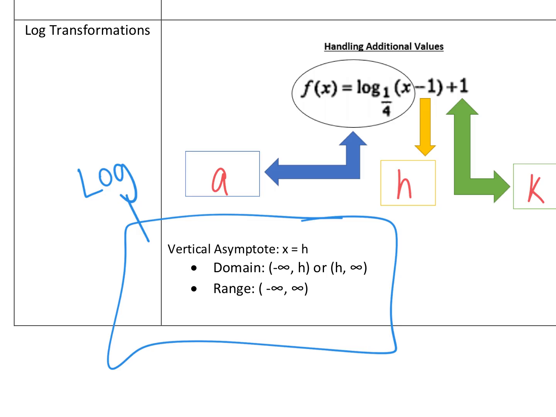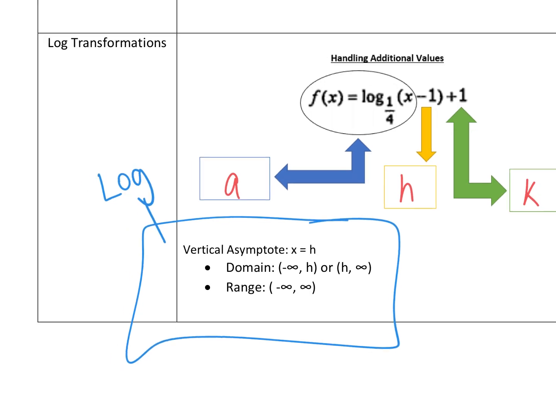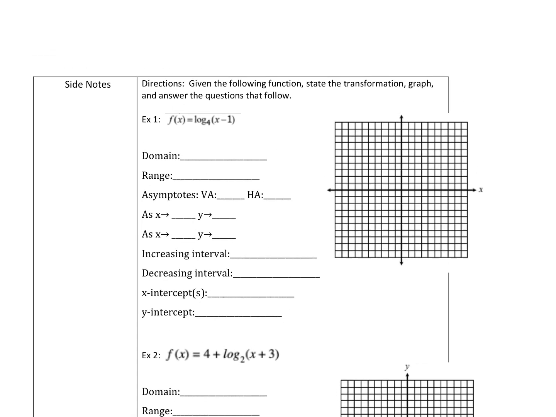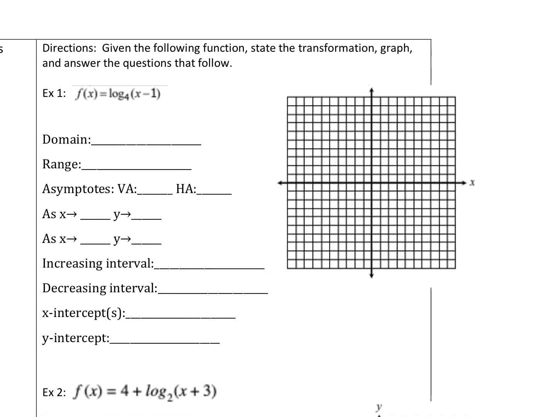I can't have negative A values. We had extraneous or no solutions when we had those. So please, please, please make sure we understand that concept of domain, why that one's restricted for logs but not exponentials, and why the range is not restricted for logs, but again, it was for exponentials. Let's go do one, and this will click for us, hopefully.